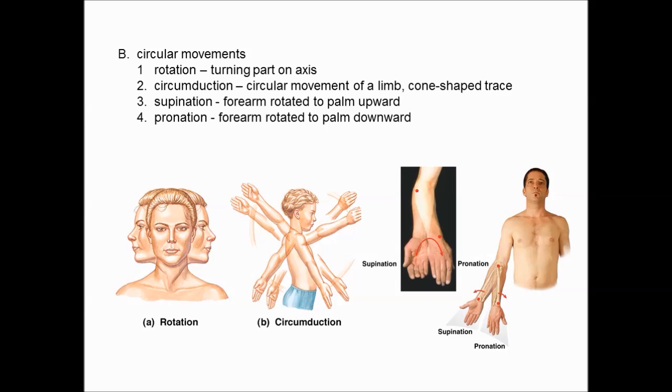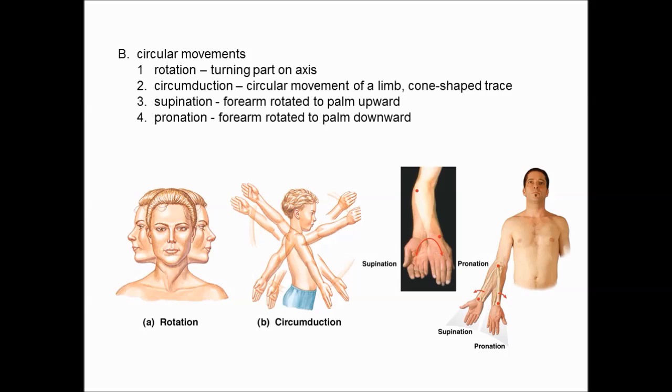In the group of muscles in the elbow there is a supinator and a pronator. A supinator is the muscle that moves the forearm with the palm upward. So you're turning the forearm so the palm is upward. This is the result of supination. And pronation is turning the arm so that the palm is downward. And we have a muscle that does each of those activities in the elbow.